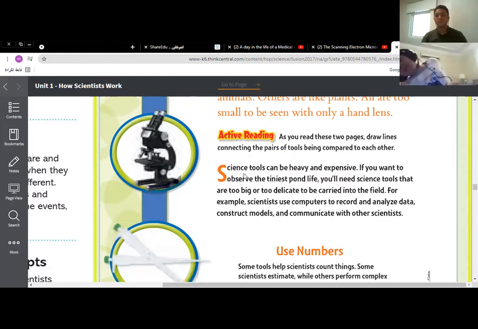If you want to observe the tiniest pond life, you'll need scientist tools that are too big or too delicate to be carried into the field. For example, scientists use computers to record and analyze data, construct models, and communicate with other scientists.